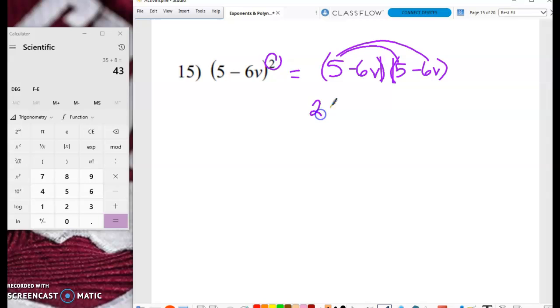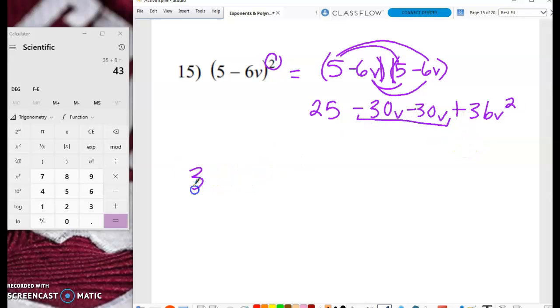So that'll be 25 minus 30v, and then distribute the negative 6v. So that will also be negative 30v, and that is going to be plus 36v squared. Combine my like terms. I'm going to get 36v squared minus 60v plus 25 if we write it in standard form.